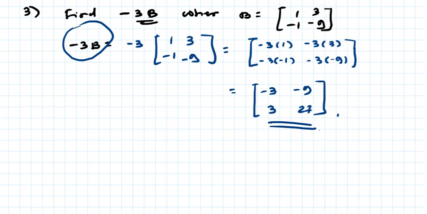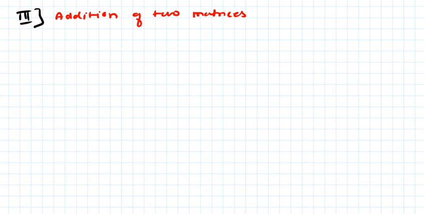Okay, now next thing is next operation number 3, the addition of matrices. This is very important. Addition of two matrices. Okay, now the condition for the addition of the matrices is that the order of both the matrices should be first equal, then only you can add two matrices.